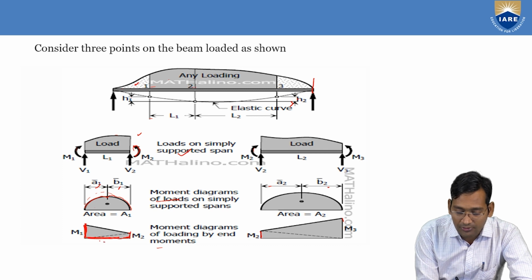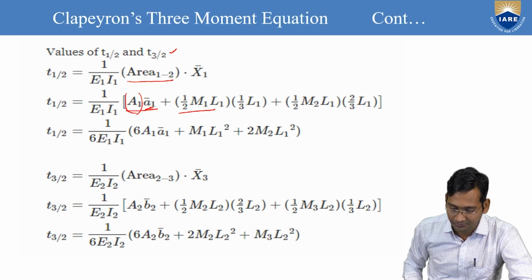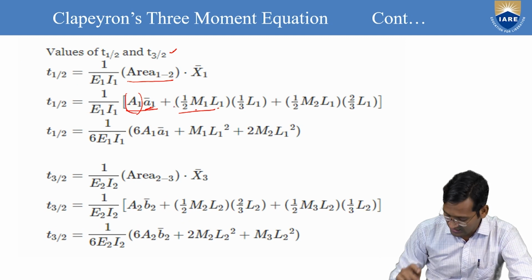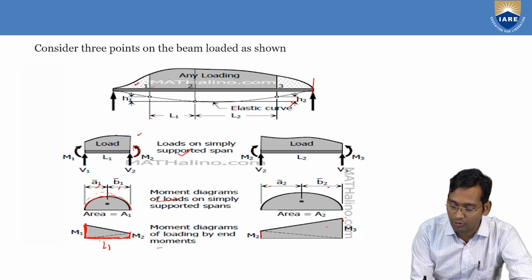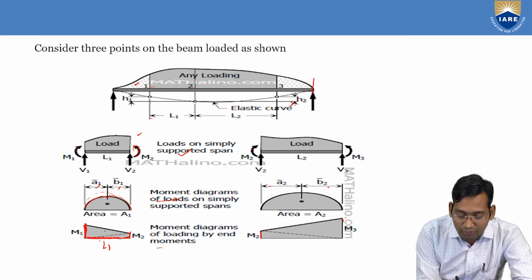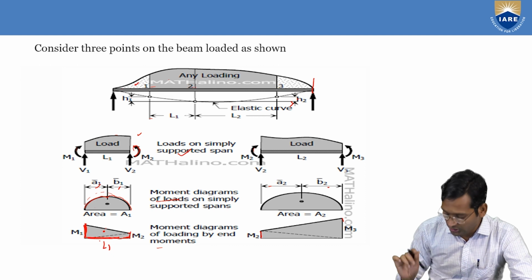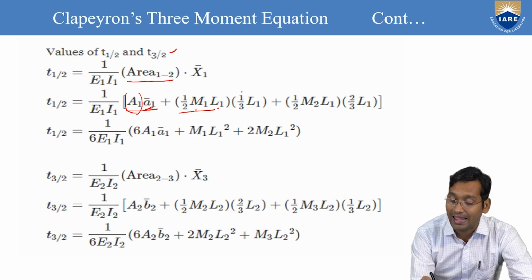The base is L1, and the height we already found, so half M1 L1, because M1 is the height. See here M1, M2, M3. Half M1 L1 lies at 1/3 if you take this side, and then from the other side it will be 2/3 of that. So half M1 L1 into this x1 bar value.